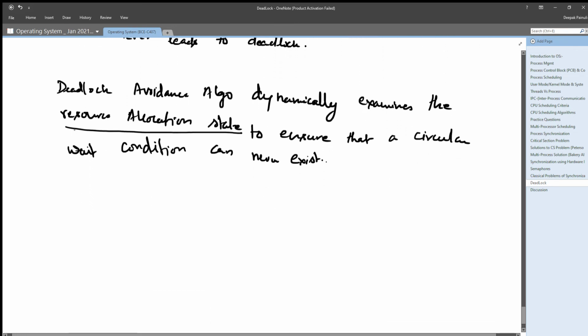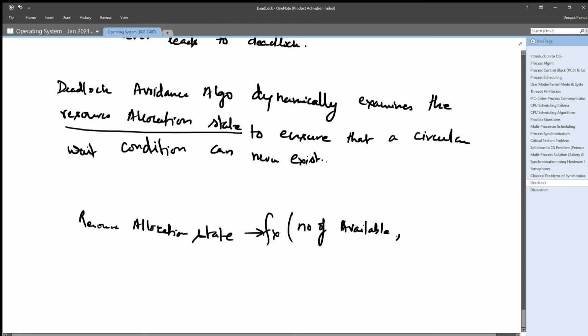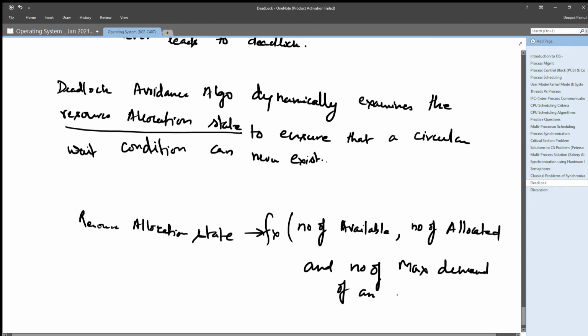What is it? Resource allocation state is simply a function of the number of available resources, the number of allocated resources, and the maximum demand of a process.